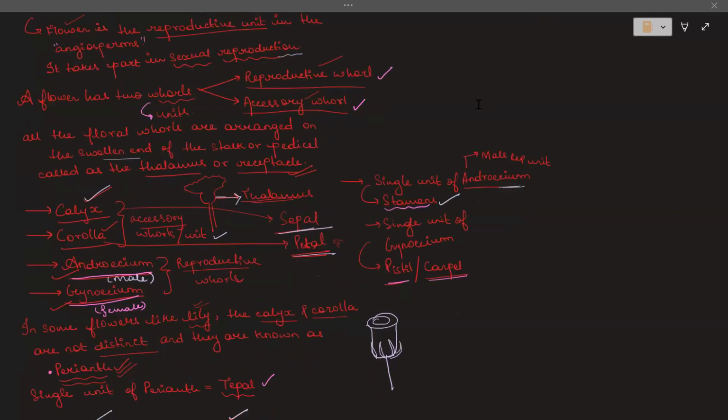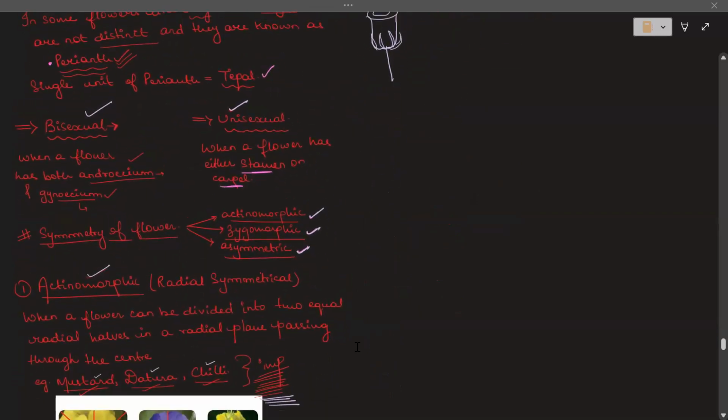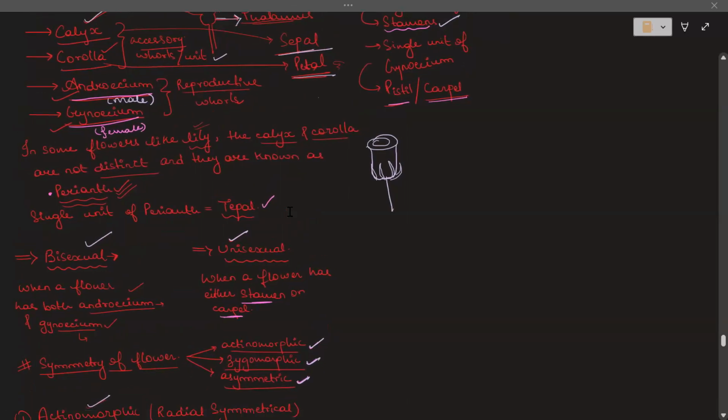All of you are done, students? Yes, ma'am. Ma'am, if they ask us to describe the accessory whorl, do we write about perianth as well? Do we write about what? Perianth. Yeah, you can mention it because this is an exception, a unique property. So you can mention. Okay, thank you, ma'am.